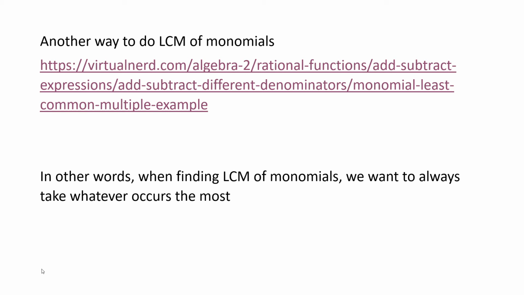Let's find the least common multiple of these two monomials. To find the least common multiple of two monomials, it's always a good idea to start out by factoring each of the monomials. So in our first step, let's factor each one of these expressions into their prime factorizations. First, let's look at 4x squared y to the fifth.